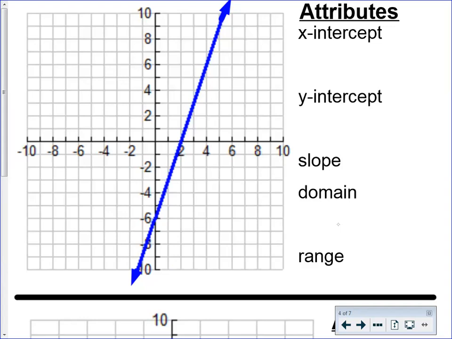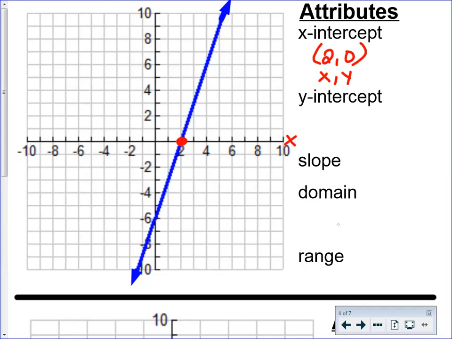All right, so I'm coming up with my attributes for this graph. First thing I'm looking for is my x-intercept. Where is it? I'm crossing the x-axis. My x-axis is right here. I'm looking for where my blue line crosses, which is right here. Remember, we have to write this as a coordinate. Whenever I write a coordinate, x goes first, y goes second. So 2, 0 would be my x-intercept.